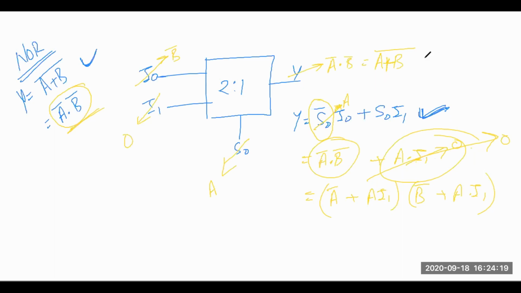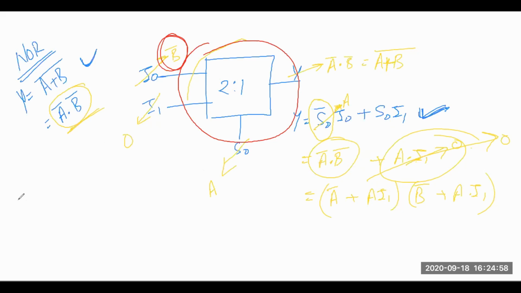Which means I'm getting the NOR gate. But if the same question arises, how many 2:1 multiplexers are required for implementation of a 2-input NOR gate, then your answer is not 1, your answer will be 2. Because one 2:1 multiplexer you need for this operation, and one 2:1 multiplexer you need for conversion of your B into B bar.